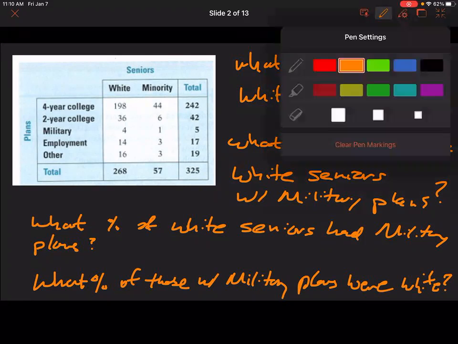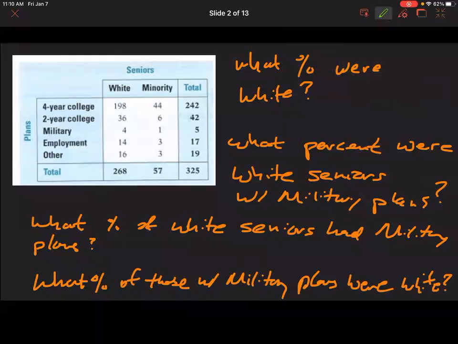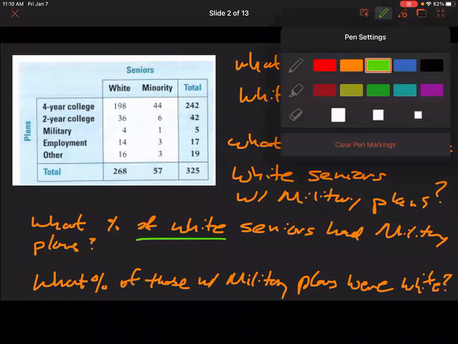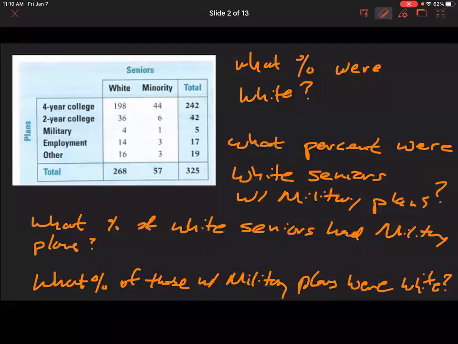So what percent were white? It doesn't tell us any specific group we're looking at. If we look at the last two questions, it says what percentage of blank, what percentage of blank. But here it just says what percent. If it doesn't give us a specific group, it just means we're looking at everybody. In these tables, you have the grand total of people on the bottom right.